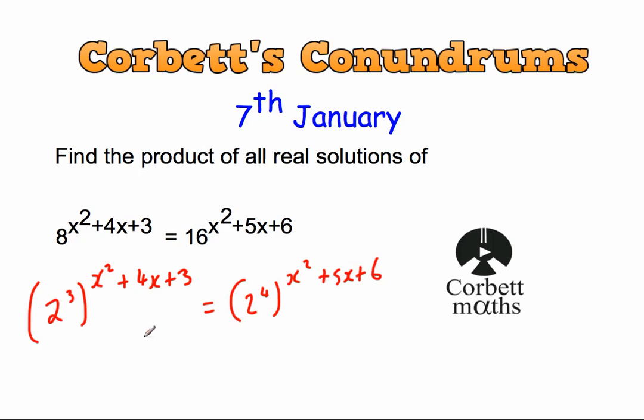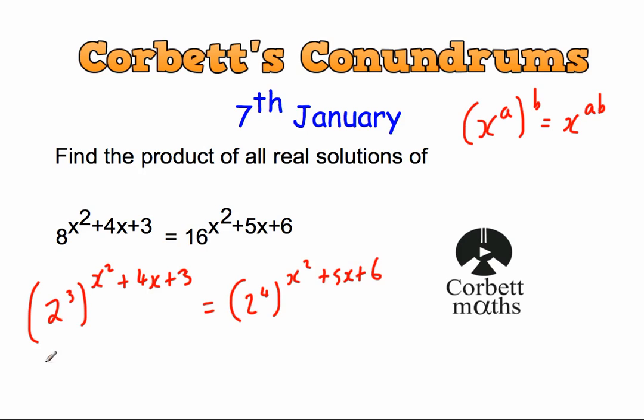Now I'm going to use the indices law, power of a power. In other words, if you've got a certain number, let's call it x to the power of a, raised to the power of b, you can multiply the two powers together. So that would be x to the power of ab. So I'm going to multiply the 3 by the quadratic, x squared plus 4x plus 3, and I'm also going to multiply the 4 by this power.